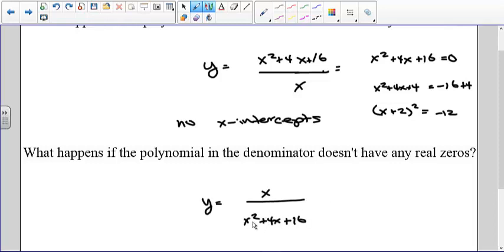Again, the denominator has zeros, but they're not real zeros, they're imaginary. And because of that, this rational function would have no vertical asymptotes, even though there is a polynomial in the denominator. So you can't always assume that the numerator and the denominator are factorable. They may not be factorable in terms of real results.